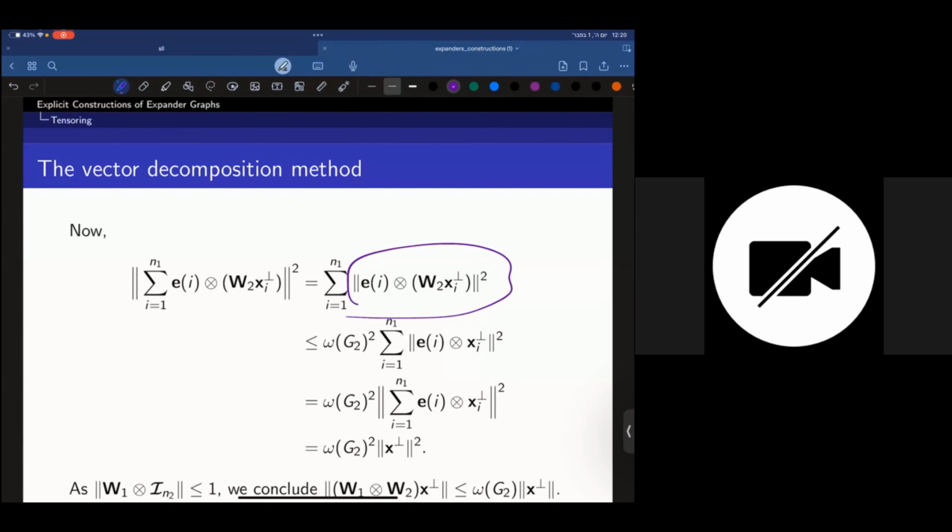So this thing, even without the square, is the norm of, I mean, it's so silly because the norm is 1 here, but times the norm of W2 Xi, right? The norm without the square, just the product of the norms. This is 1, but I'm not going to replace it by 1. This unit vector, no matter how you measure it, is 1, but I'm not going to use that. I'm just going to use the fact that this thing is at most omega of G2 times the norm of Xi perp.